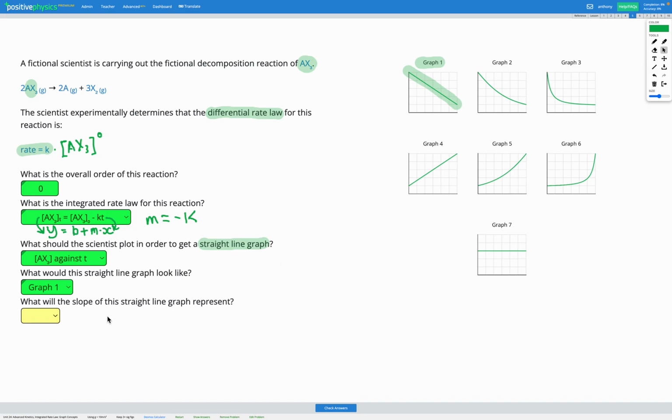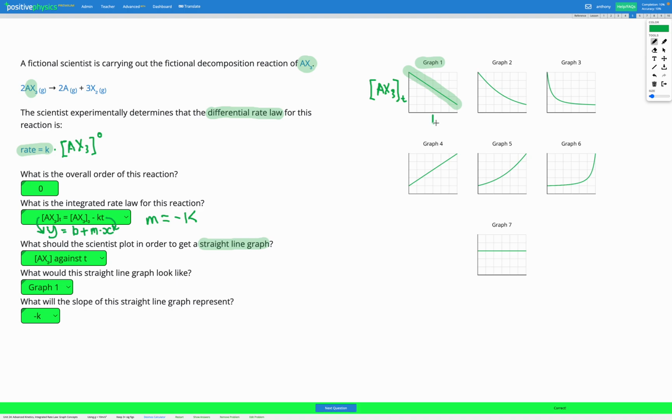And the last question there is, what will the slope of this straight line graph represent? Well, we've already said the slope m represents negative k, where k is our rate constant. So if we just draw onto our diagram here, for y, we had the concentration of AX3 at a time t, so at any time.